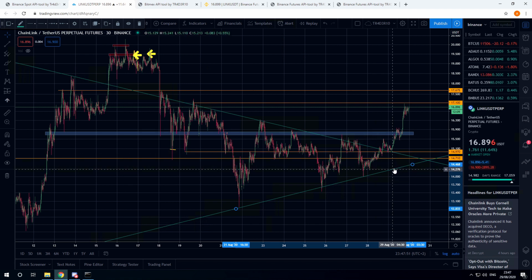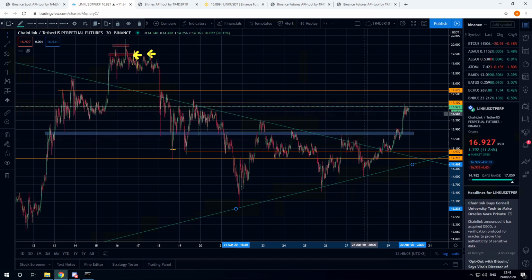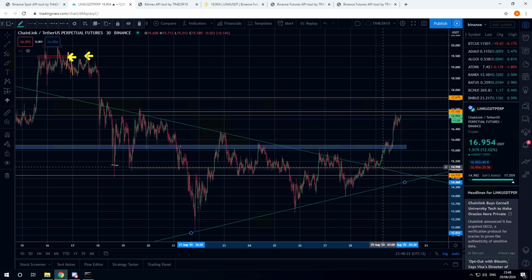So I try to test here, and often they're rejecting the previous failure here and go down, or they may just hold it and try again. So breakouts of patterns like this, just going above, it's not enough. They actually need to hold stuff. They need to hold proper levels, and then it's more likely to go up.